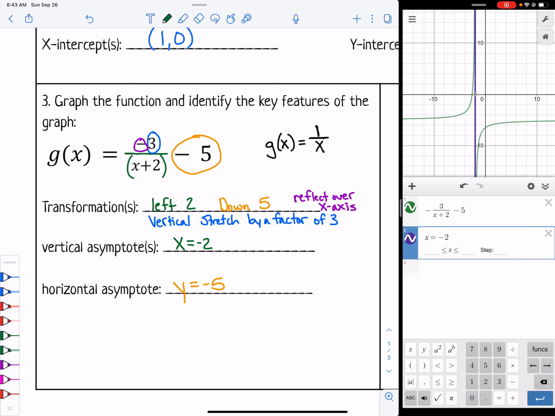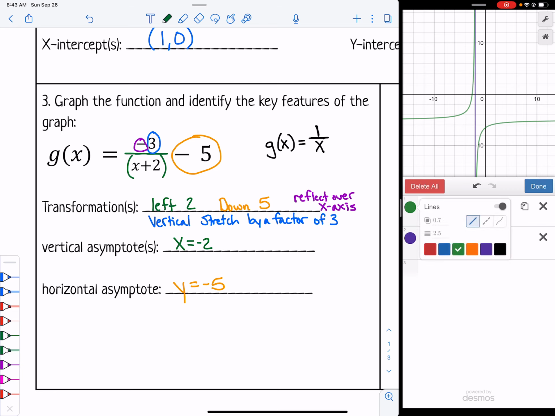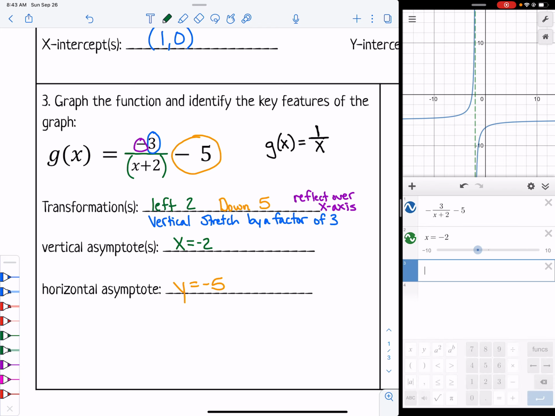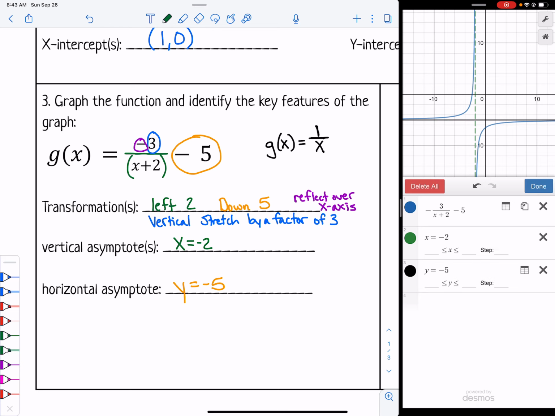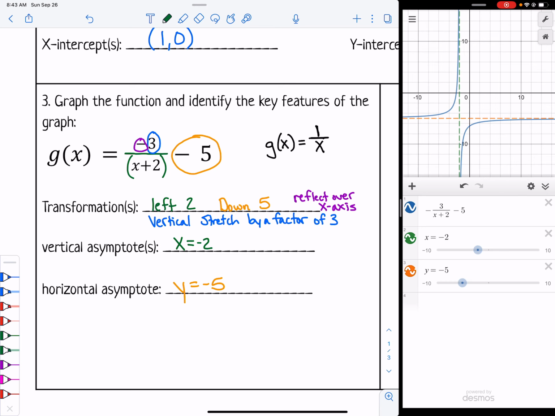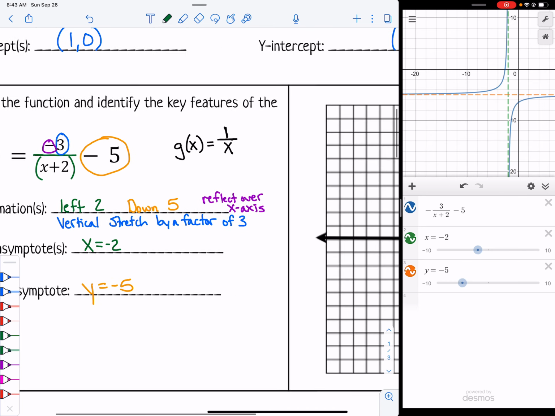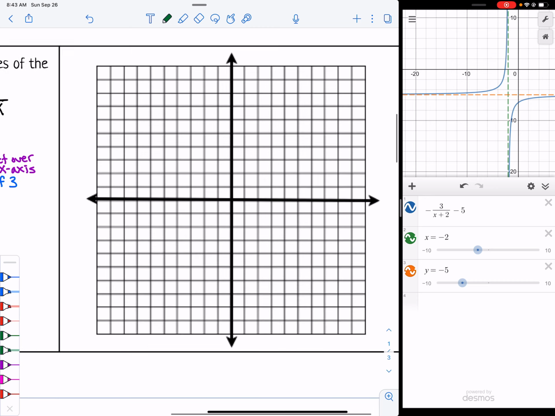See how that lines up nicely with what we've got? And then I'm just going to change the color of these to match my paper. Okay, and then y equals negative 5. Notice that lines up with our horizontal asymptote at negative 5. So all of that looks good, and that helps us to graph it.